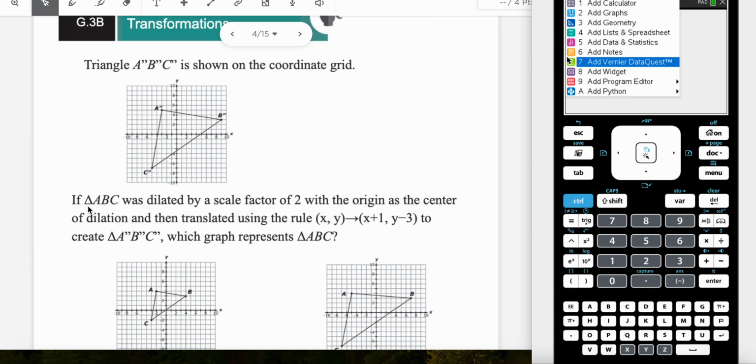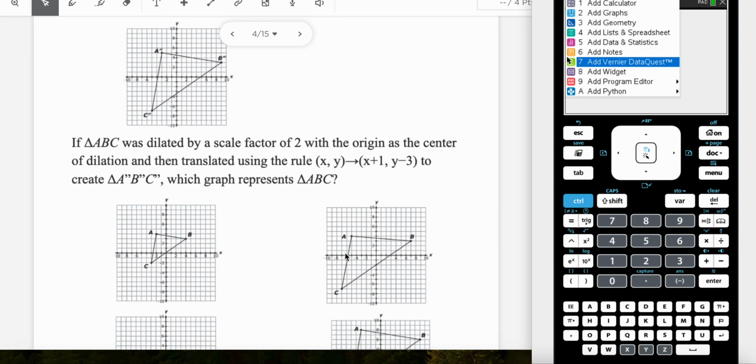It says if triangle ABC was dilated by a scale factor of 2 with the origin as the center of dilation, and then translated using the rule x comma y goes to x plus 1 comma y minus 3 to create triangle A prime prime, B prime prime, C prime prime, which graph represents triangle A, B, C?